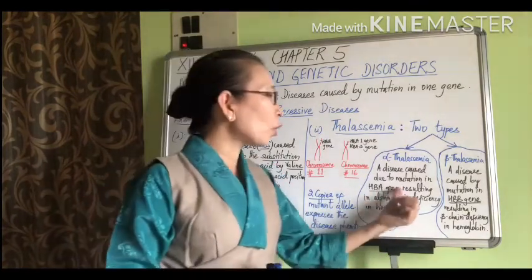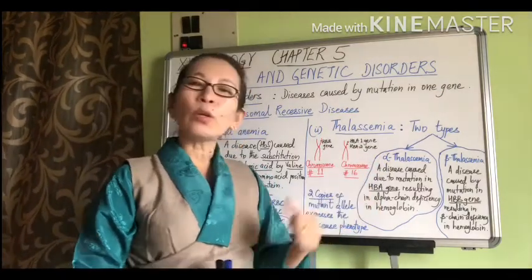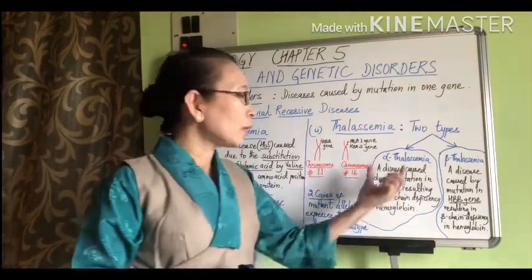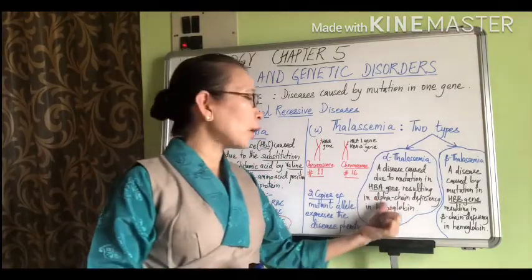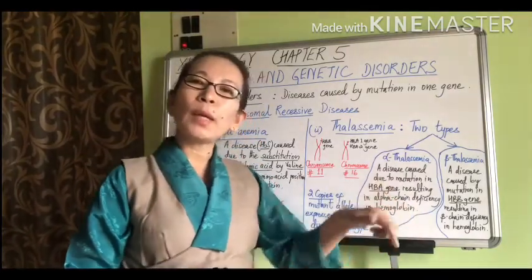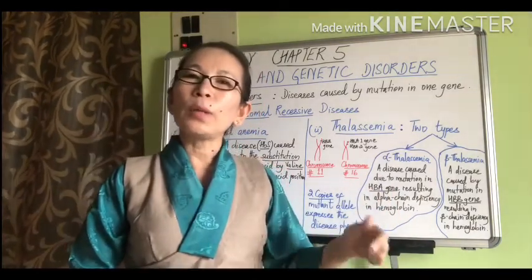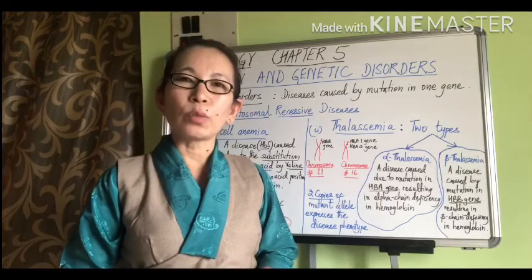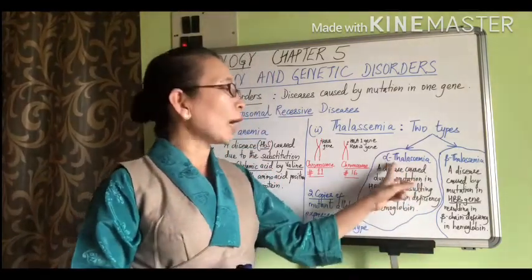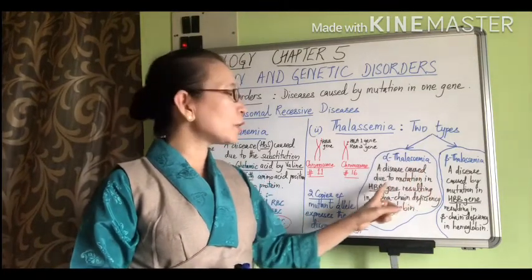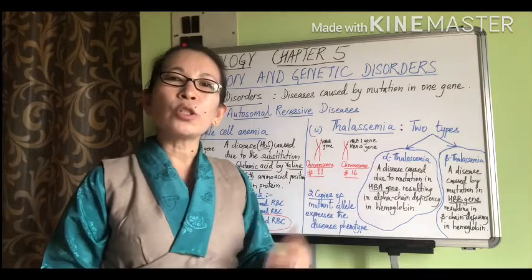Because of a mutation in these HBA genes, which are located on chromosome number 16, these individuals make very low amounts of alpha chain, and this consequently results in very low levels of hemoglobin and very low levels of RBC in the individual. Such a disease is called alpha thalassemia, because the gene affected is the gene responsible for making alpha chains.